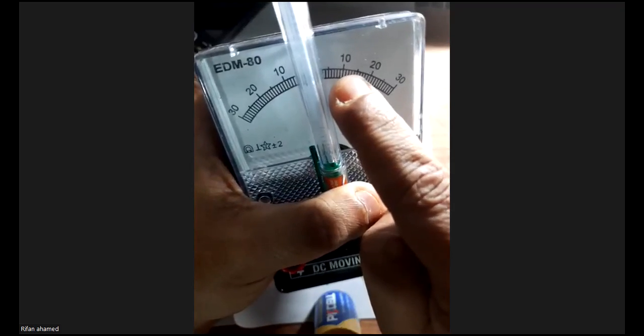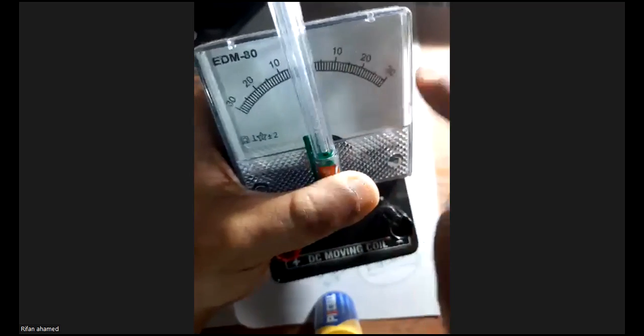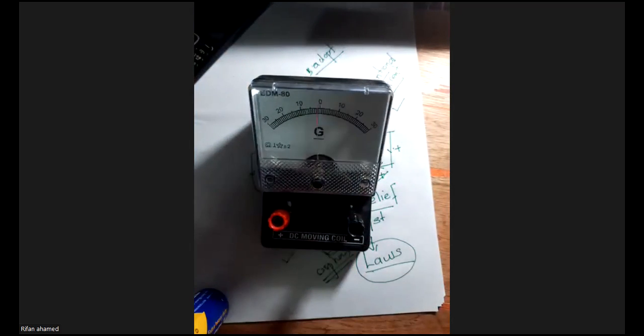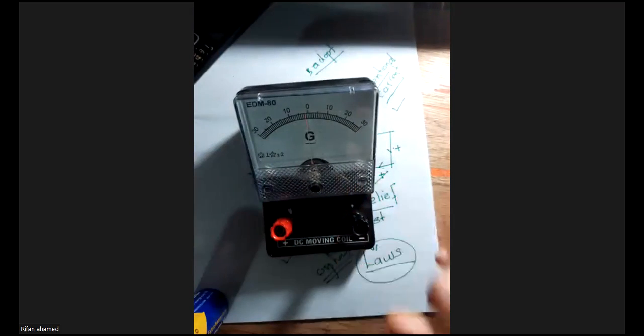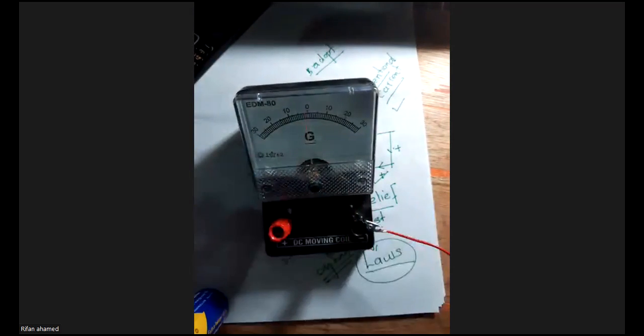These are milliamperes marked. Remember, 1000 milliamperes equal to 1 ampere.